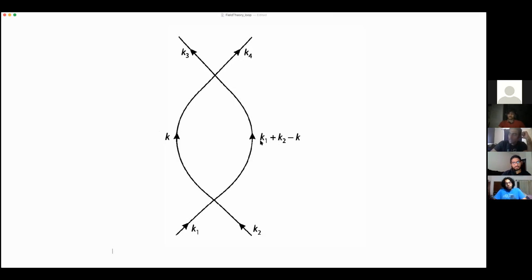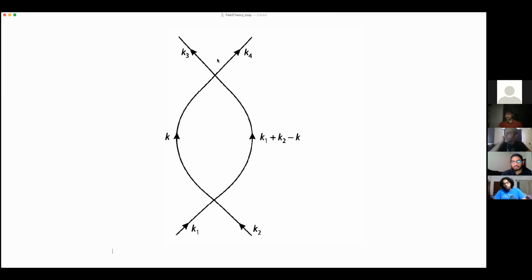Similarly, I would have a momentum-conserving vertex here, but as was said, K1 plus K2 has to equal K3 plus K4, and if I include this intermediate step, I'll find that this still holds. If I was going too fast, just remember there's a delta function that conserves momentum at every vertex. Follow the arrows: K1 plus K2, and then minus K3 minus K4 in the delta function. So that's all great when I have external momenta.